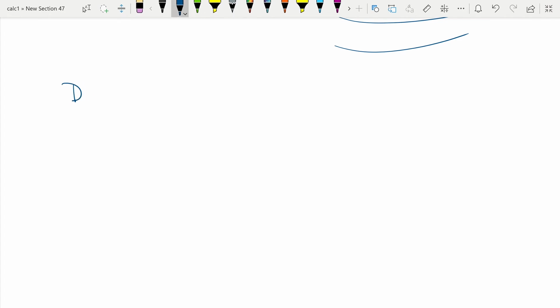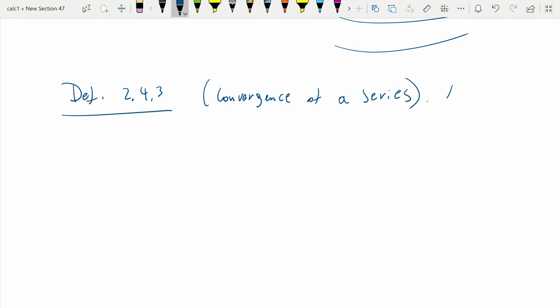So we continue with Definition 2.4.3, which is the convergence of a series. Let b_n be a sequence.